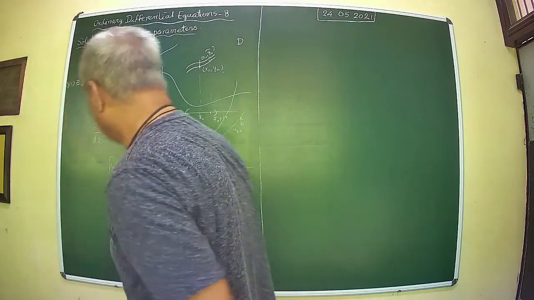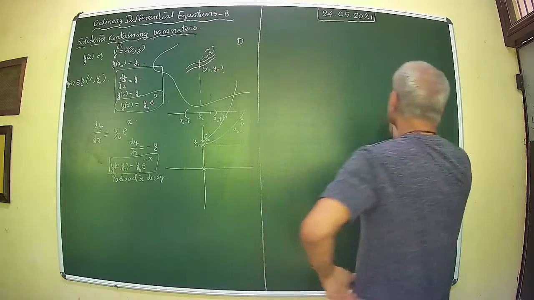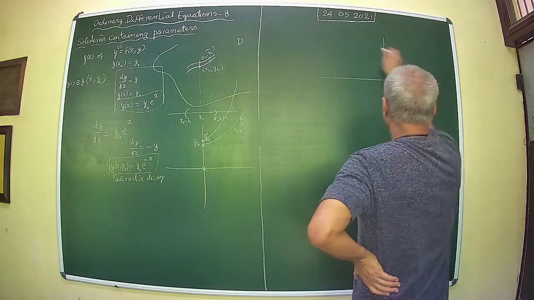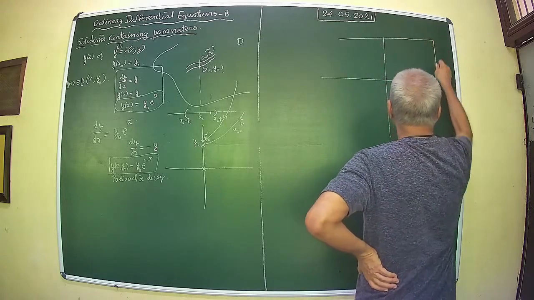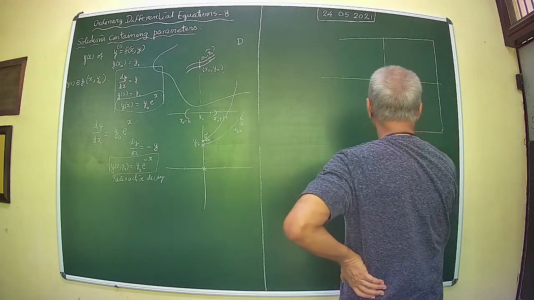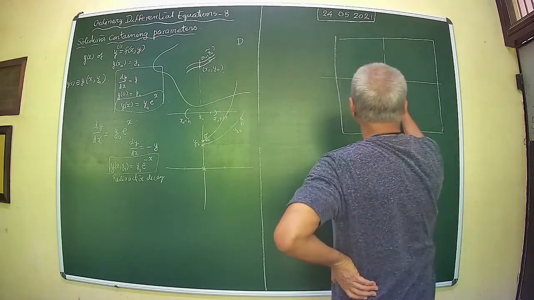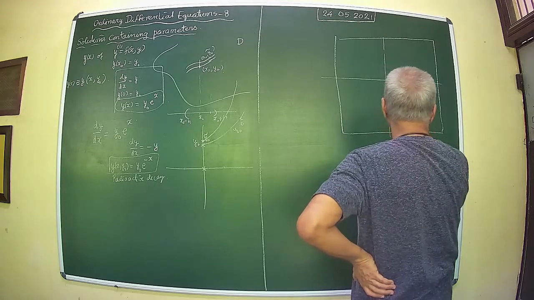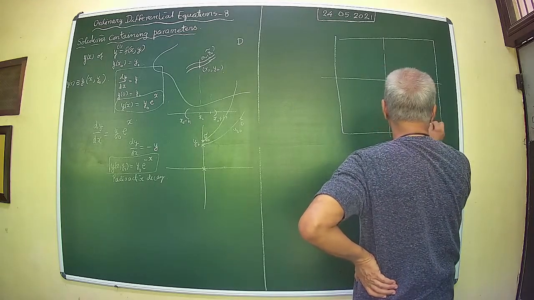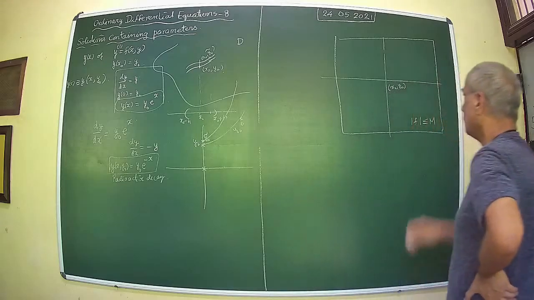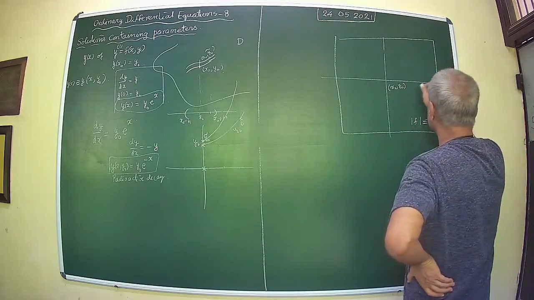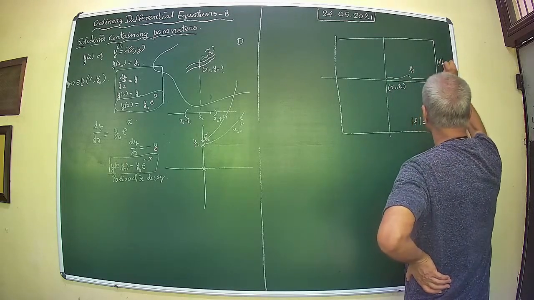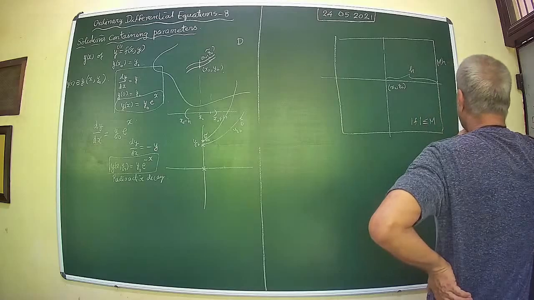Let's once again look at the problem. You recall that rectangle that we have drawn here. This is the point x0, y0. We have assumed that f is bounded by m, and suppose this is h, this is mh. That's how we have taken it.